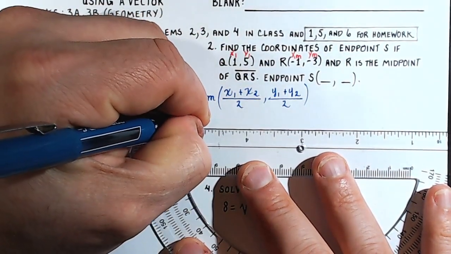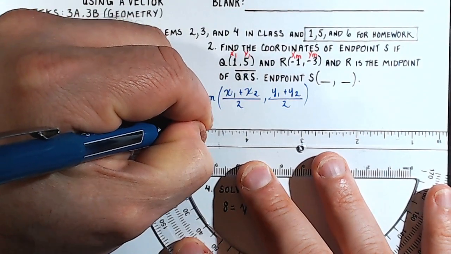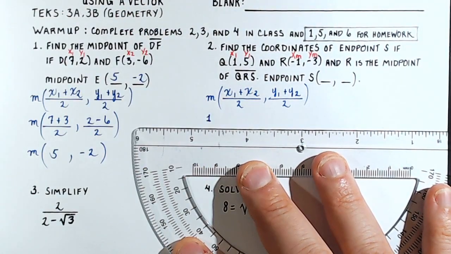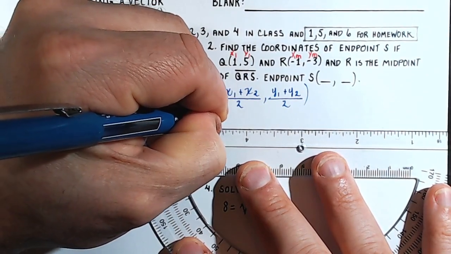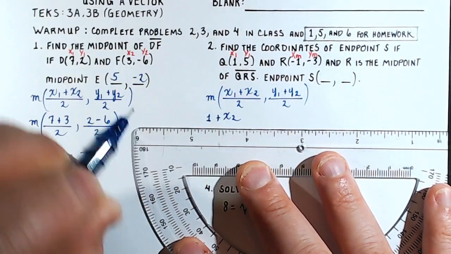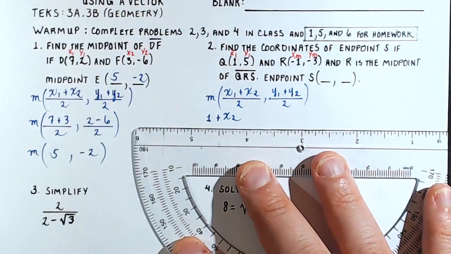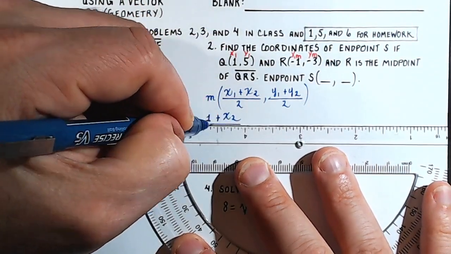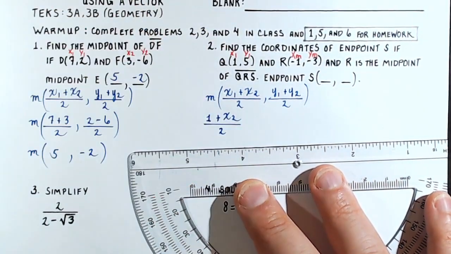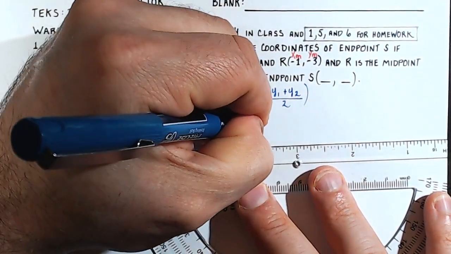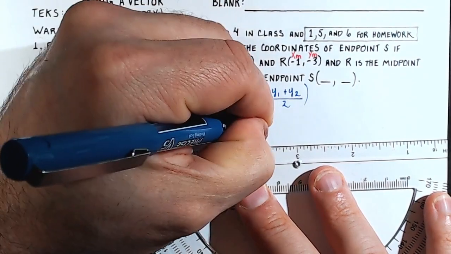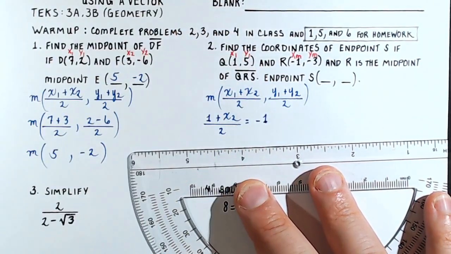So here we'll just create two little equations rather. 1 plus x2, okay, 1 is x1, plus x2 over 2, and that equals the x-coordinate of the midpoint, which is -1. So here we're going to solve for x2.